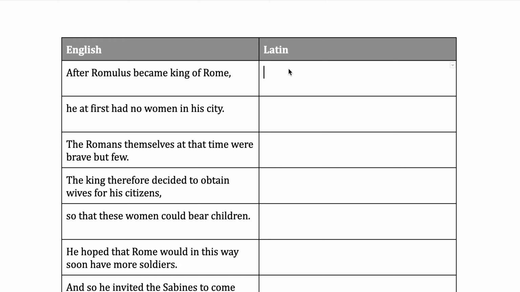Now, if we were going to do that, we would start with the name Romulus, and we'd have to put it in the ablative case, so Romulo, so it's second declension ablative. Then king of Rome, so king is rex, and then of Rome, so the name of the city of Rome in Latin is Roma, but in this case it's of Rome, so we need it to be Romae, genitive case.